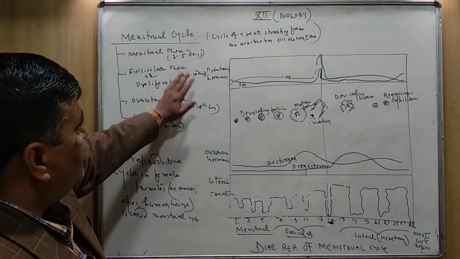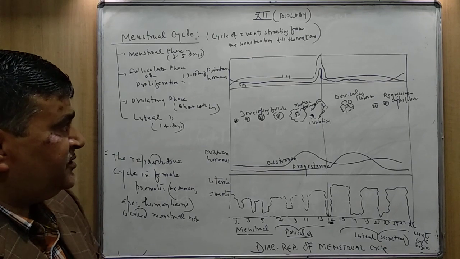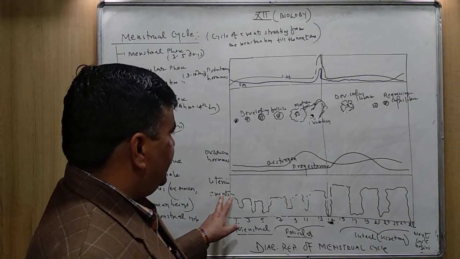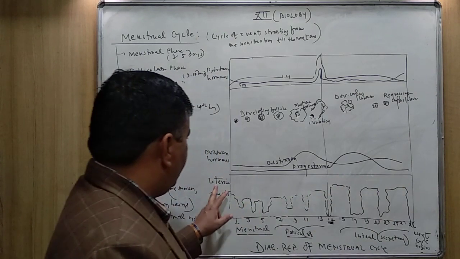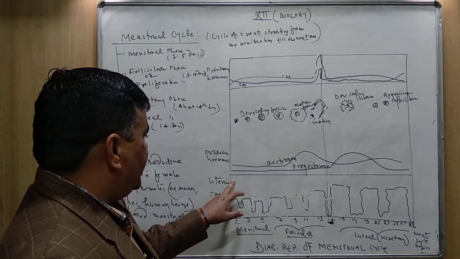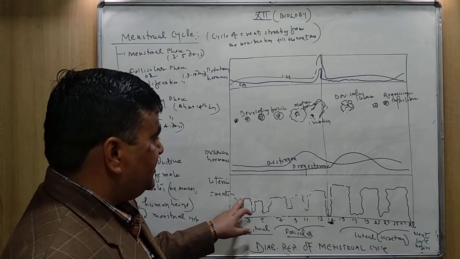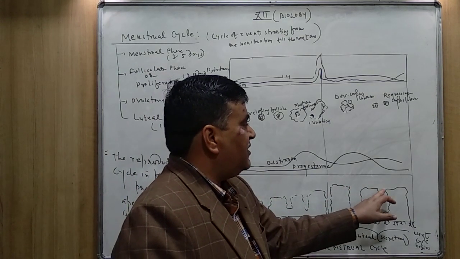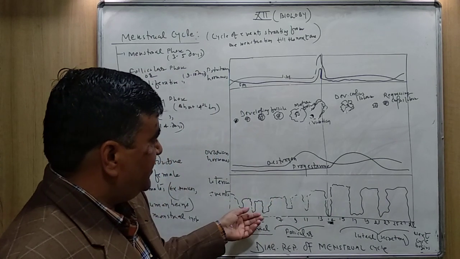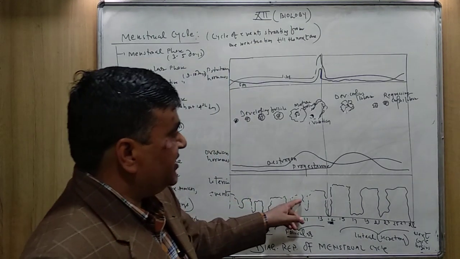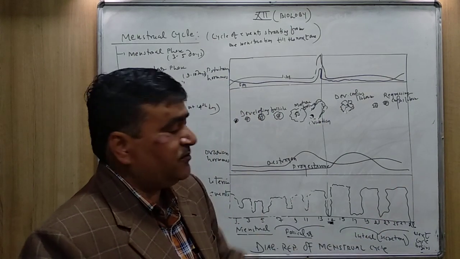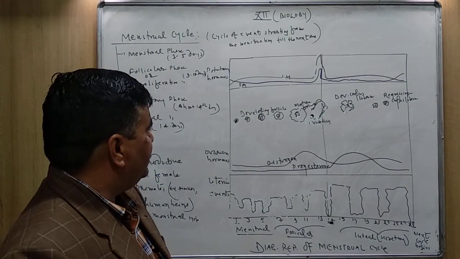You have to learn all these 4 steps, and this diagram is also very, very important. In this diagram, downward, I have shown the uterine events. You can see here, these all are the projections, the thickness of the wall. Initially, the thickness is very less, but gradually the walls are going to be thickened because later on the progesterone hormone is secreted.